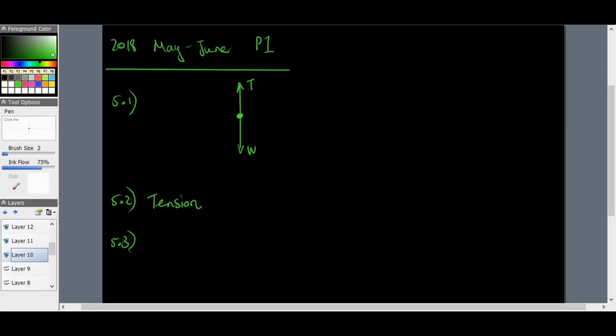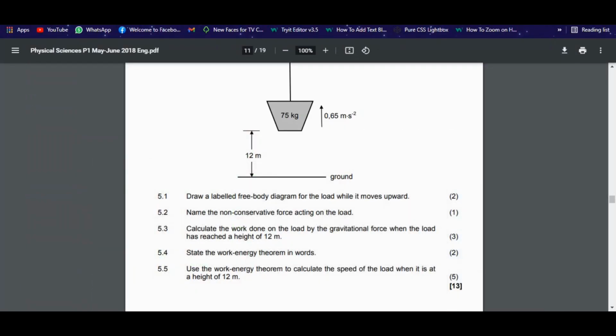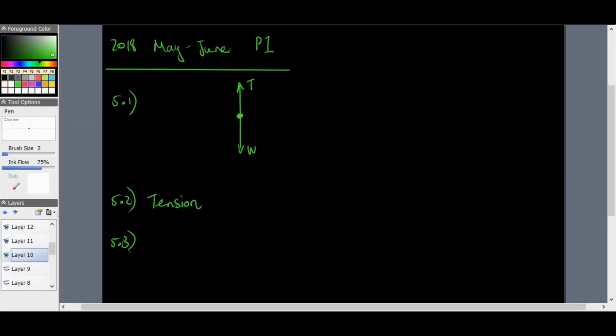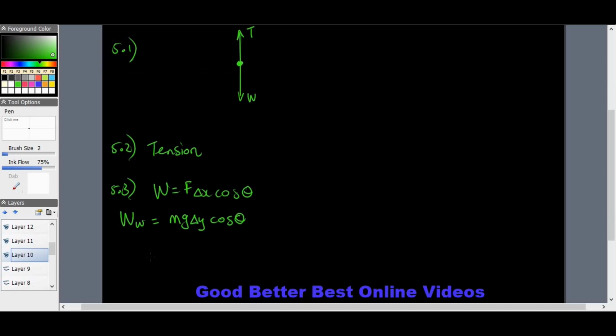5.3 was, calculate the work done on the load by the gravitational force when it has reached a height of 12 meters. So the work formula, W is equal to F delta X cos theta. Now the work done by the gravitational force is going to equal mass times gravity times delta Y cos theta, because it's moving vertically.